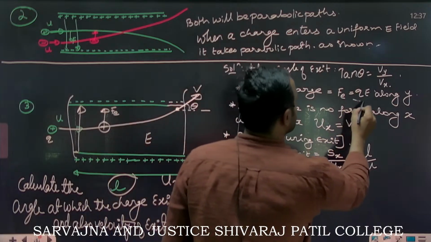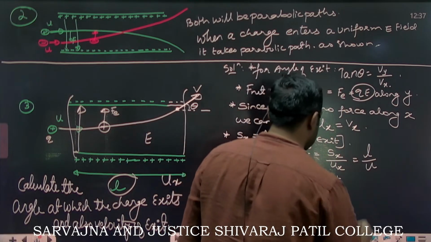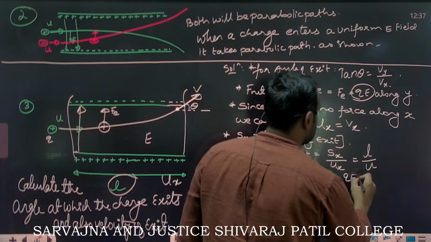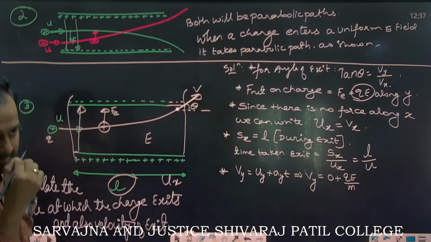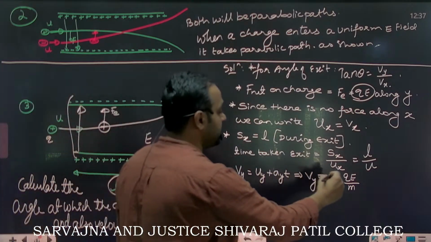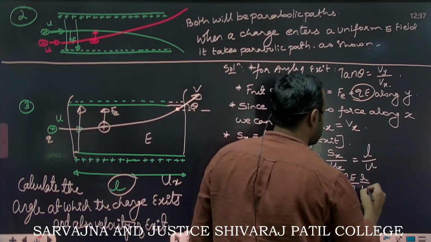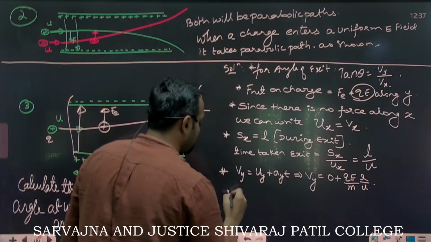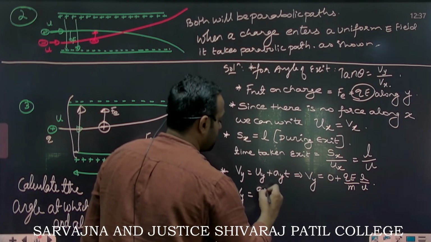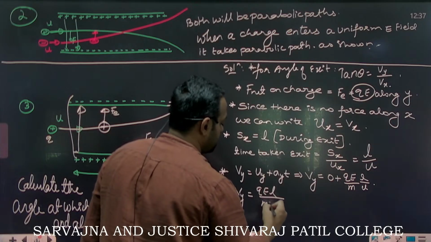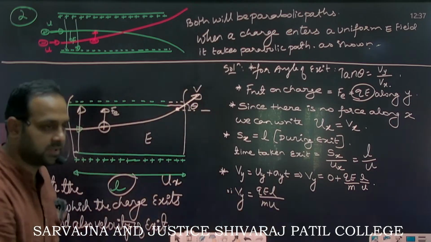QE divided by m. And what is the time taken? L by U. The time taken is L divided by U. So Vy, you are getting it as QEL divided by m into U.